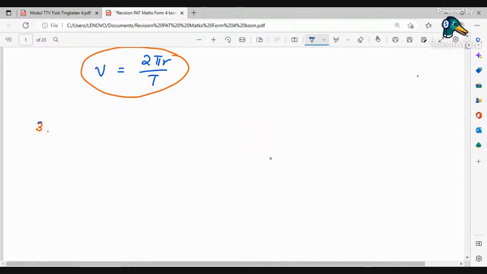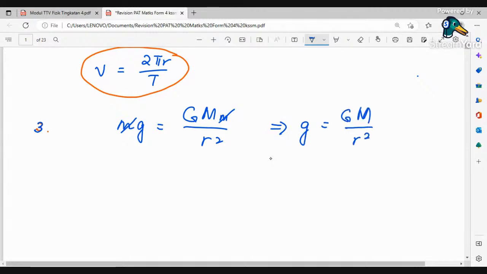And then we discuss about gravitational acceleration. Weight also equals gravitational force. Right? You just cancel here, so you get g equals G M over r squared.